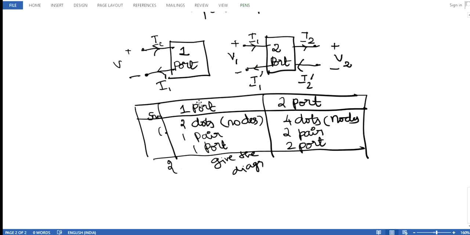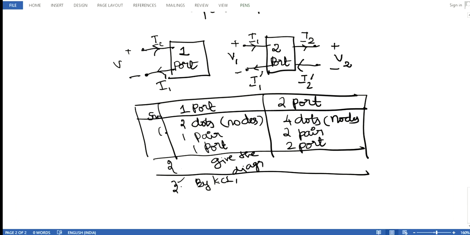So as per KCL, what is the KCL statement? Your third one will be your KCL statement. Entering current will be equal to the leaving current. So this is your second, and the third point will be KCL. KCL has two statements. Can you remember?